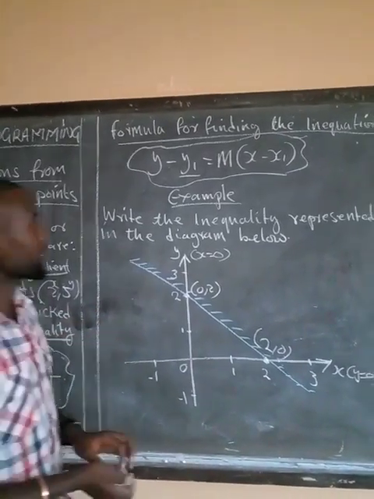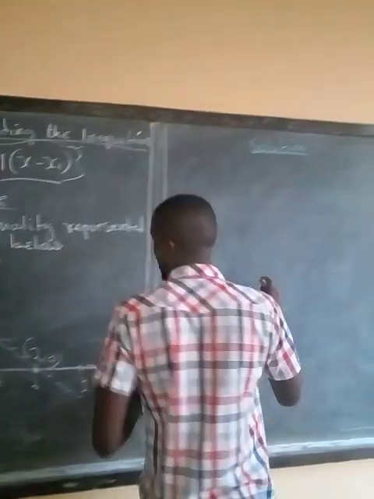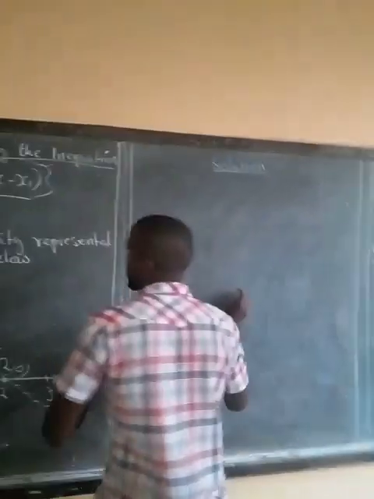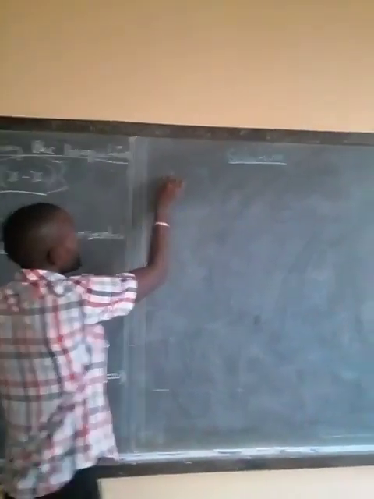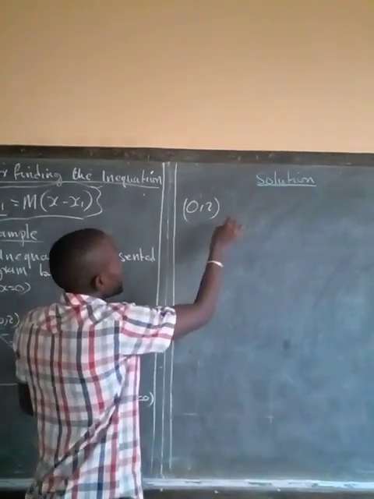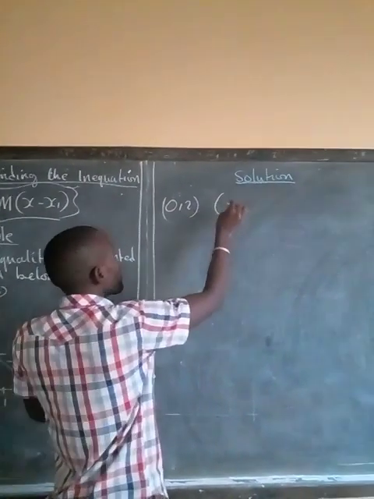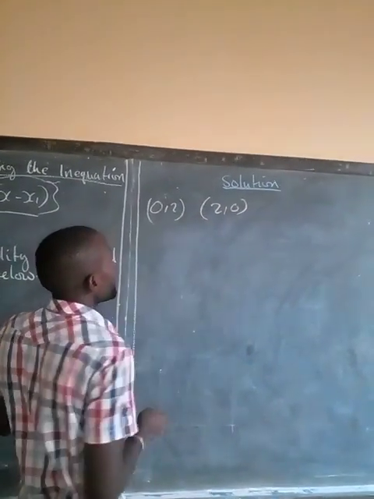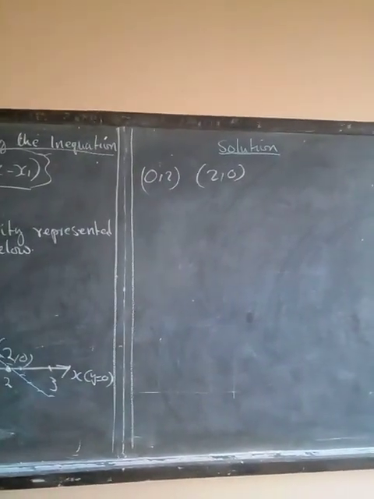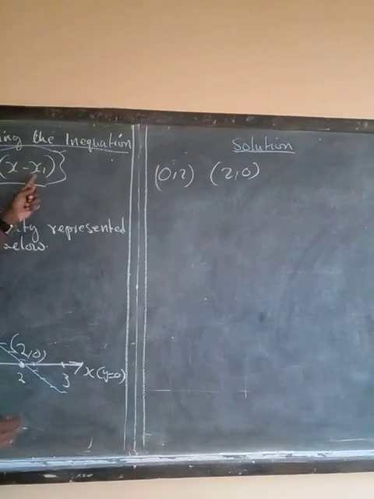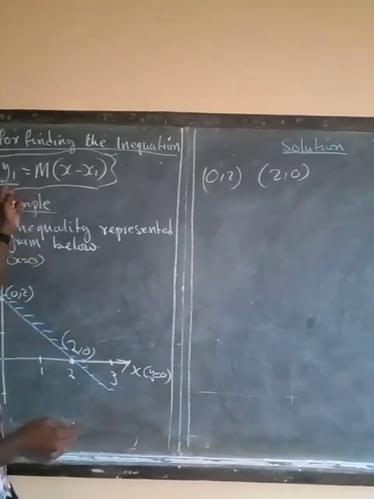So now let's do the practical way on the next board. What are we simply saying? The practical work here, we are saying that we have an important point (0, 2), and also we have another point which is (2, 0). So these points that I have here, what you're going to do is to name them. Because on the formula, we know that there is x1 and y1.